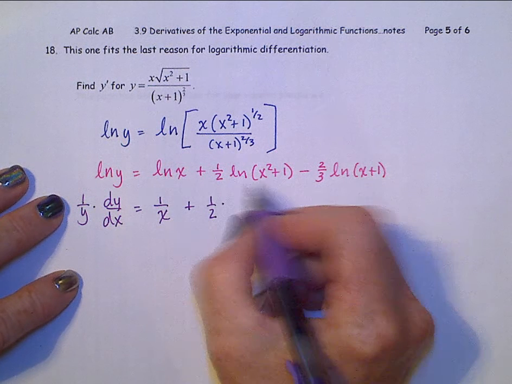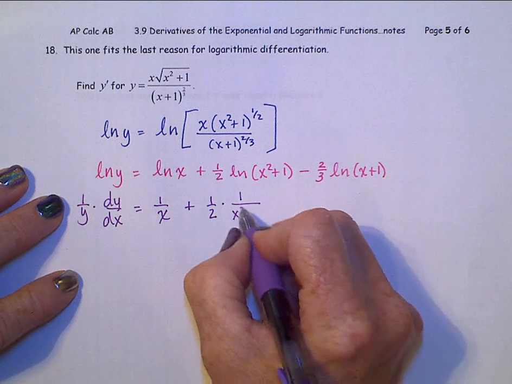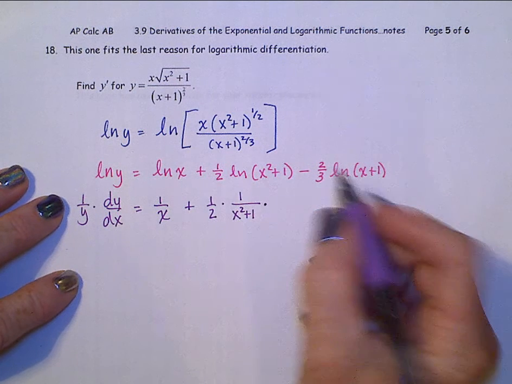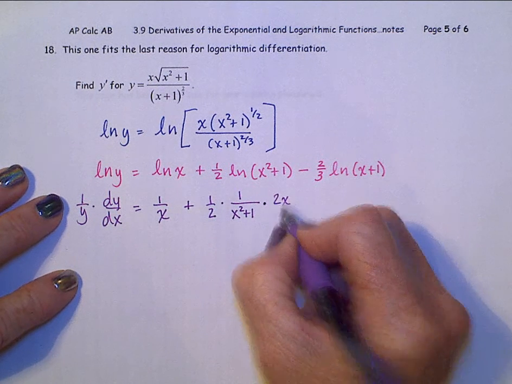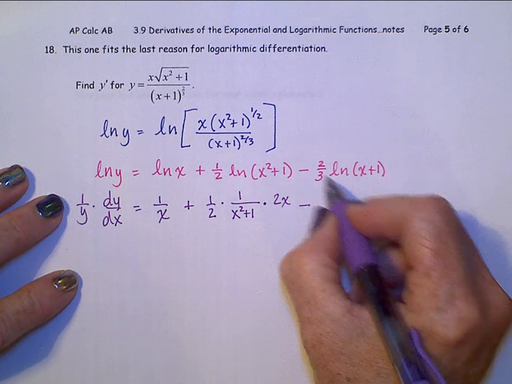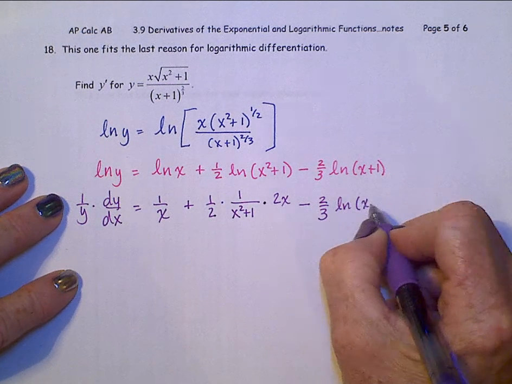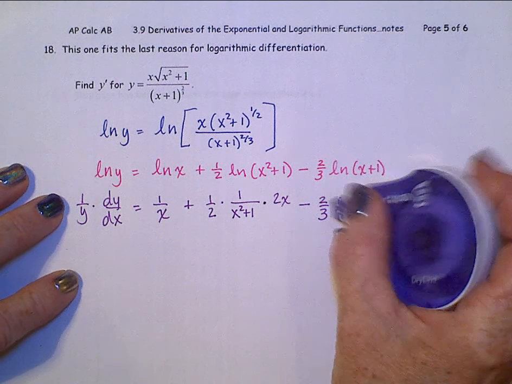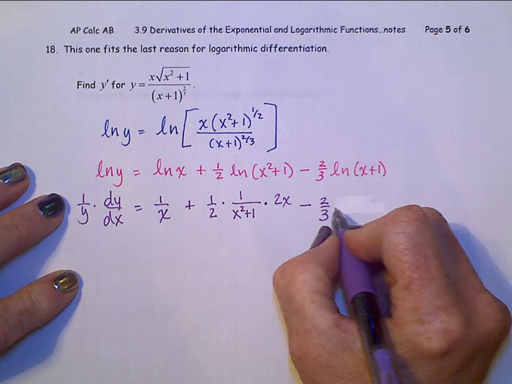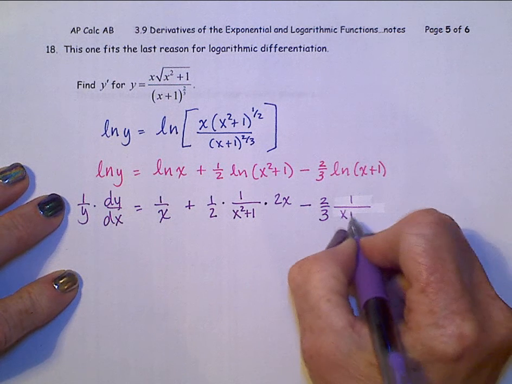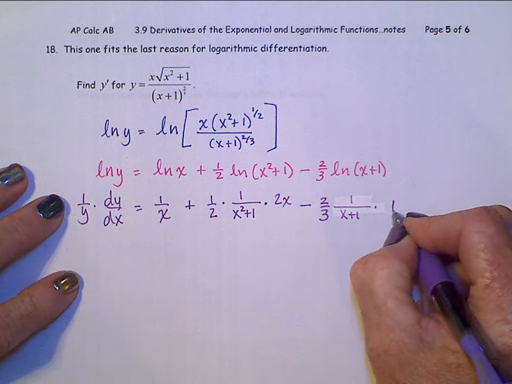The derivative of the natural log of x squared plus 1, that's 1 over x squared plus 1 times the derivative of the inside, which is 2x, and then minus this one, 2/3 natural log of x plus 1, 1 over x plus 1 times the derivative of the inside, times 1.